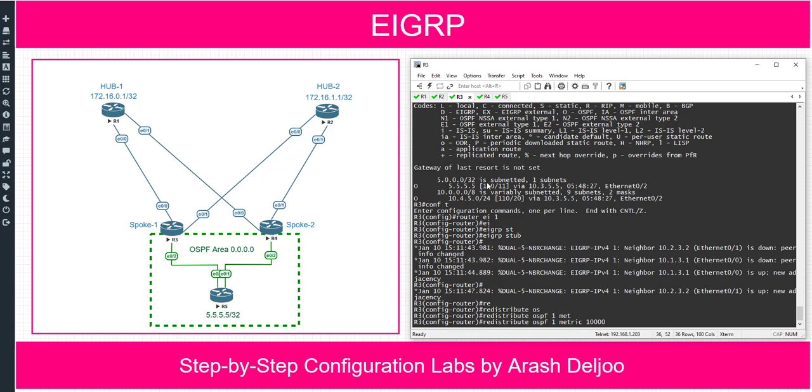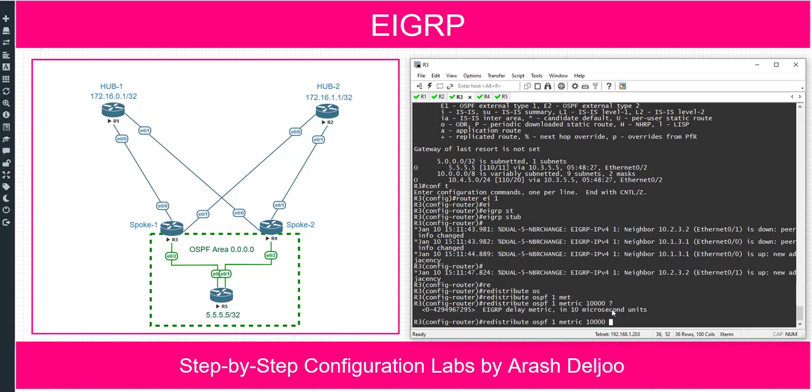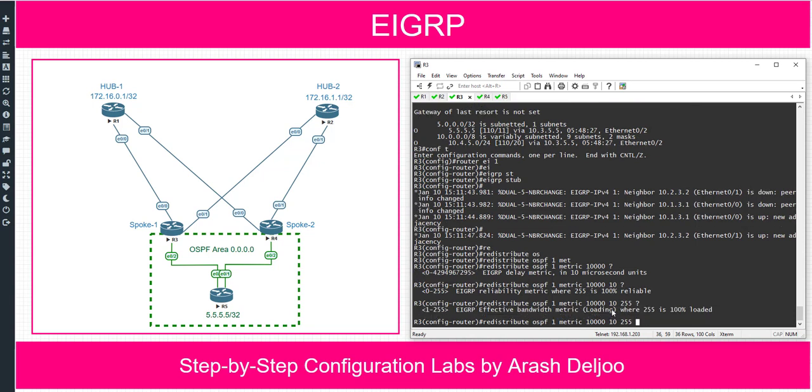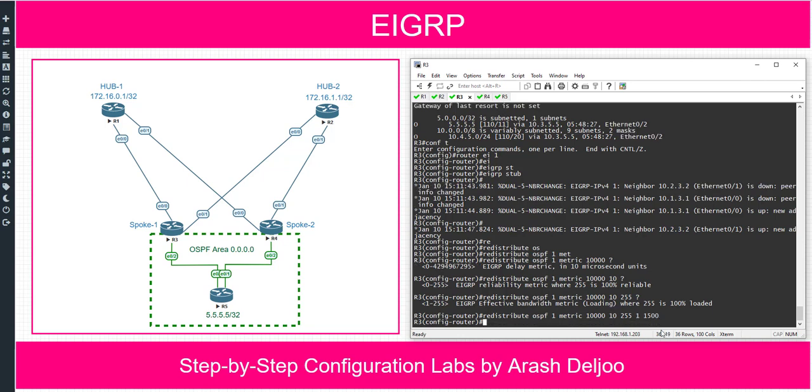After that, you know that first you should define the bandwidth and then delay and some other parameters. If you want, you can use the question mark. For example, for delay you can use 10, and after that EIGRP reliability 255, and then for example load is 1, and finally MTU or any other values. The values are not important.